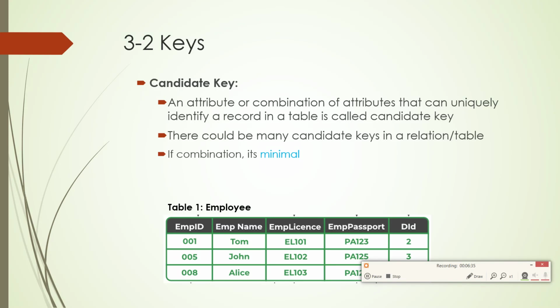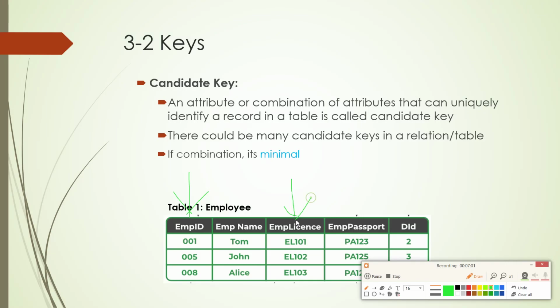In the case of the candidate key, it could be any attribute which could uniquely identify a record, which means that this employee ID could uniquely identify a record, this license could uniquely identify a record, and this passport number could be used as an attribute which uniquely identifies one record out of this relation.